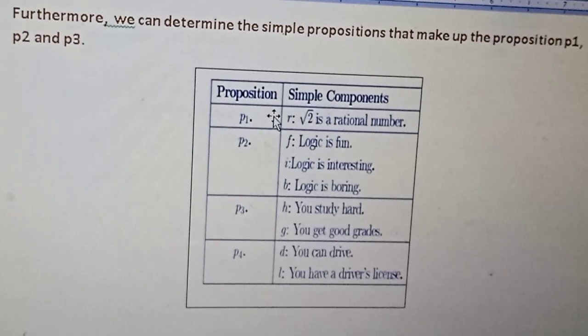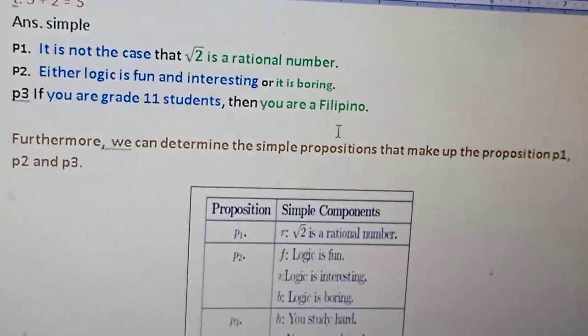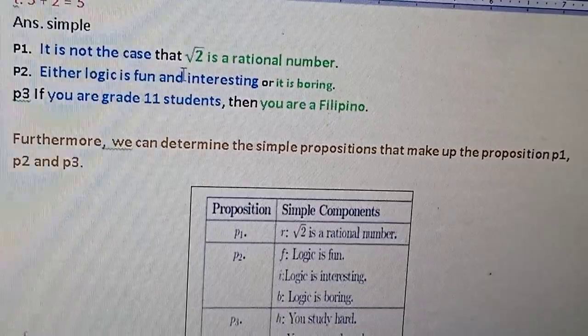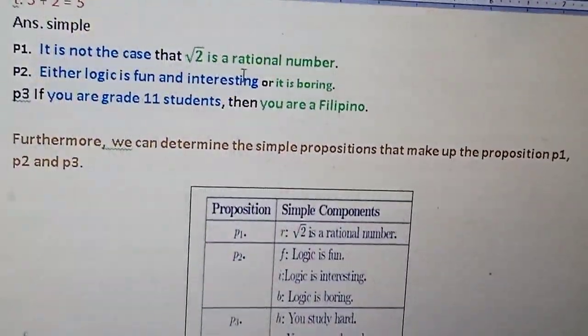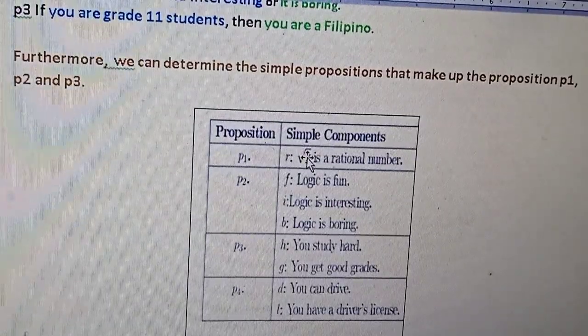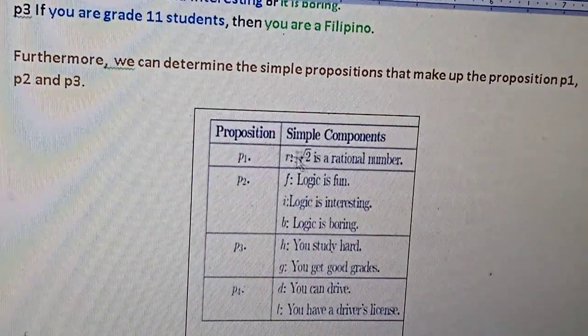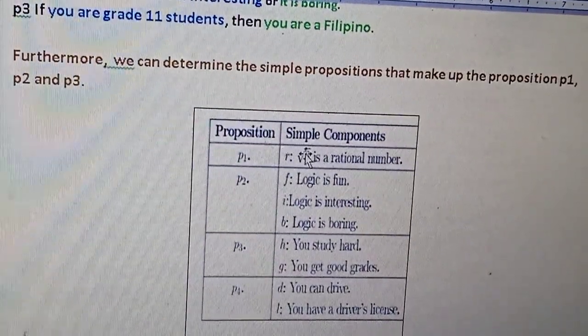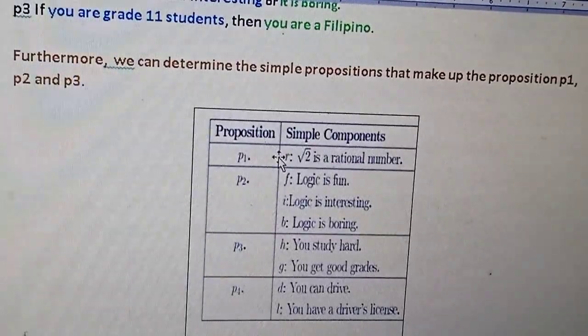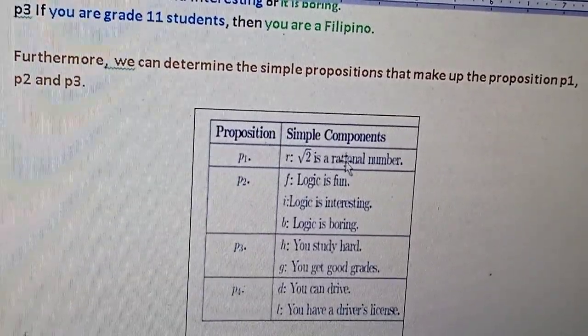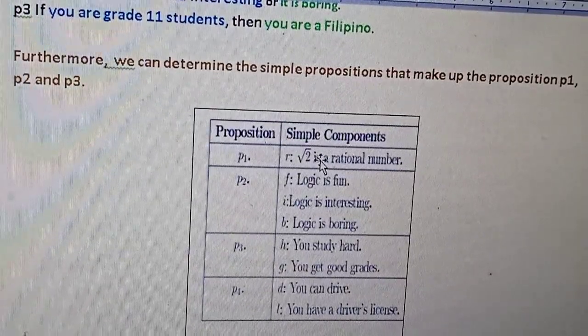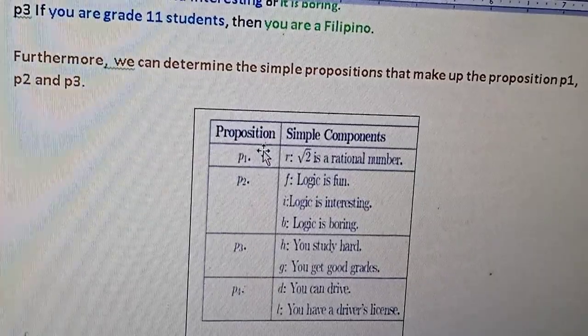So for P1, what is P1? It is not the case that the square root of 2 is a rational number. Here, one component is, it is not the case, and the other is R, the square root of 2 is a rational number. These are the simpler components of P1.